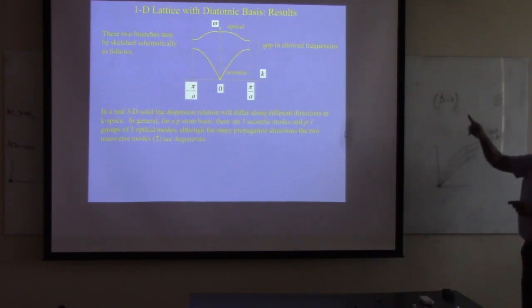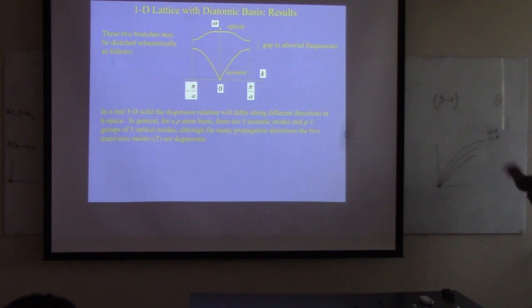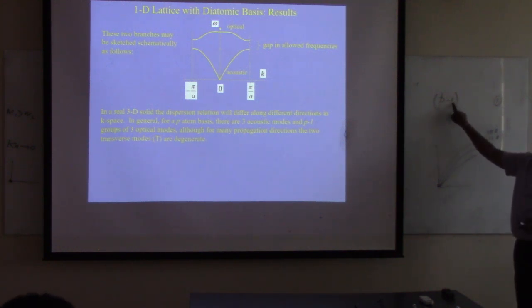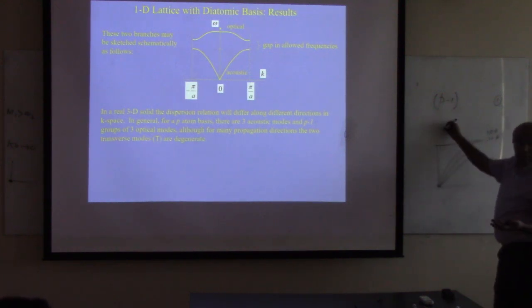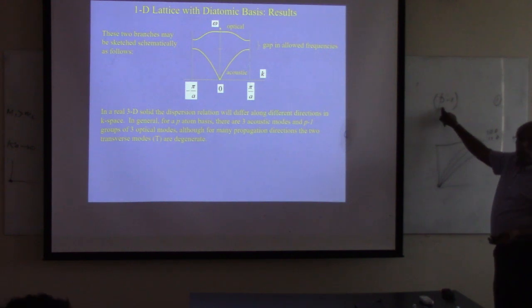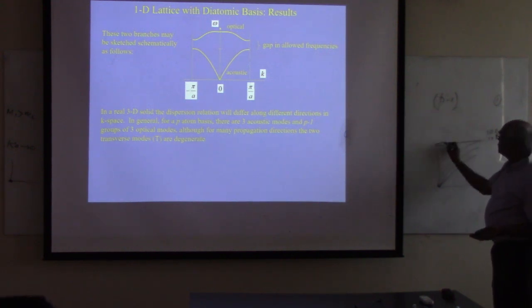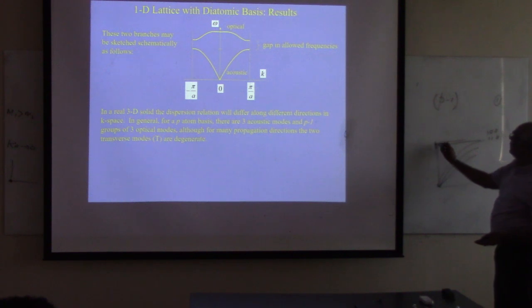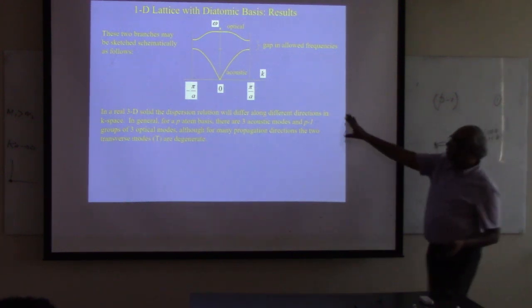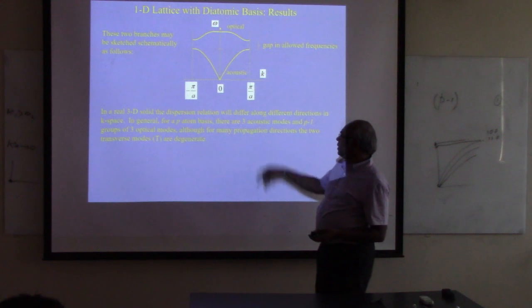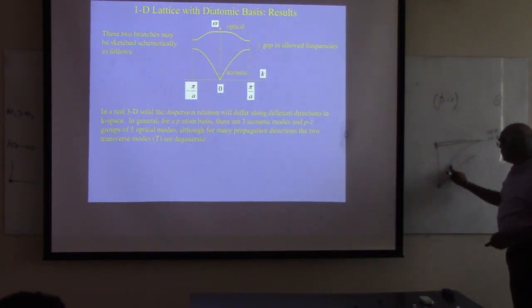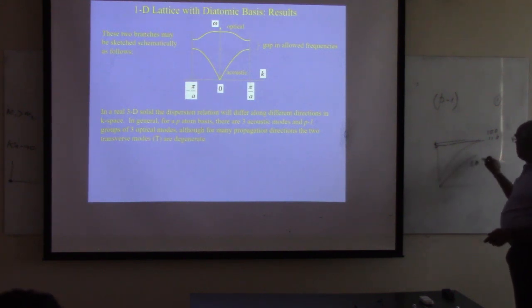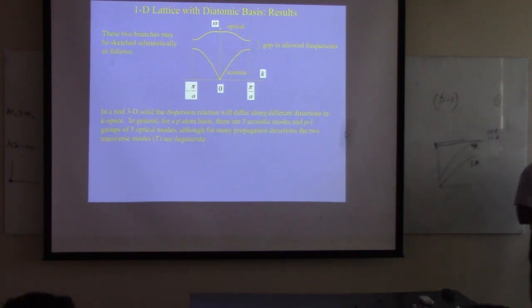But if you have 2 atoms, that's what we considered, then you have 1 optical mode, right? So that's what we had here. If you have a 3 atom basis, then you can have 2 optical modes like this one, given the positions. This is some general expression, but in many cases some of these modes can be degenerate. You can only see longitudinal 1 and 1 transverse. This is a very general statement.